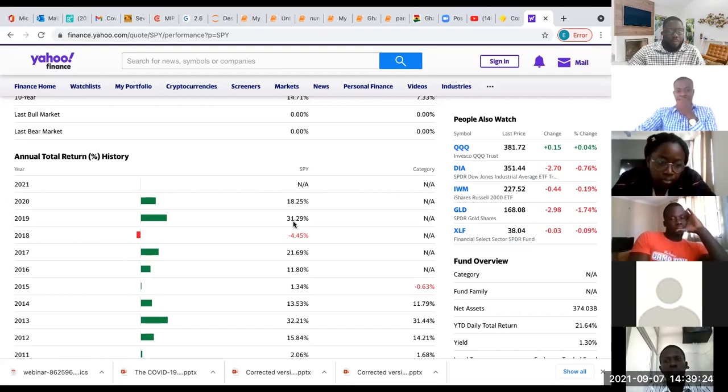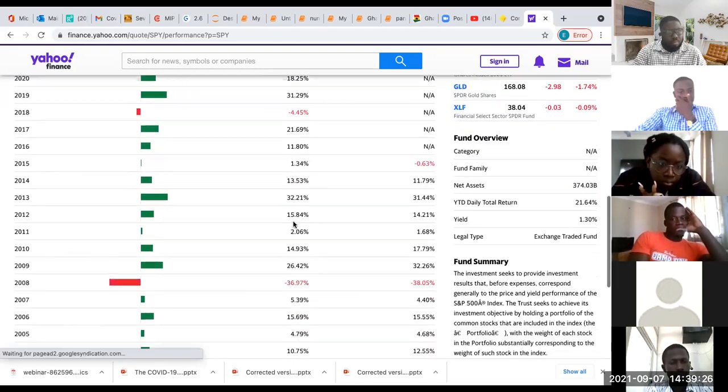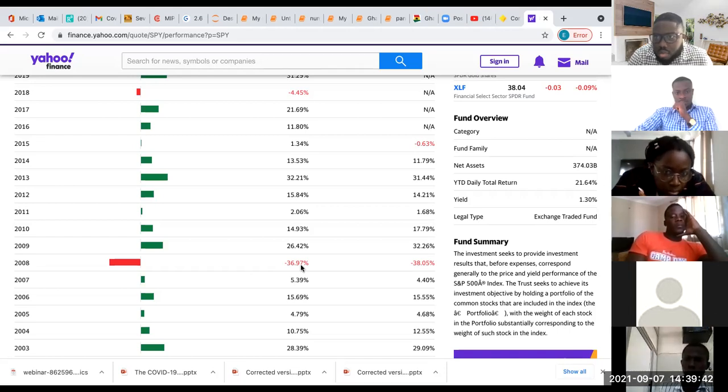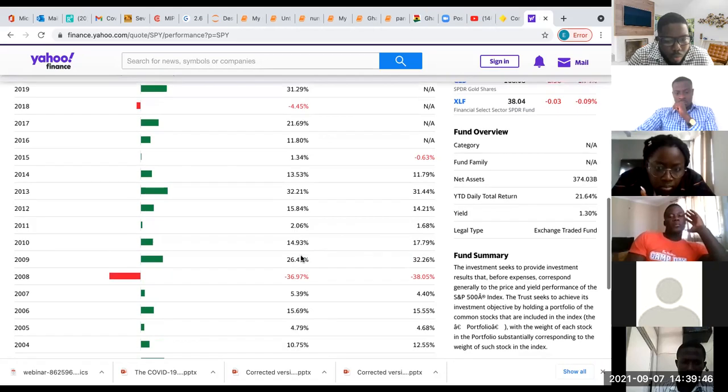In 2008, this was negative 36.97%. What happened here? It dropped. Why? Which event is it? Recession. Global financial crisis. Okay.